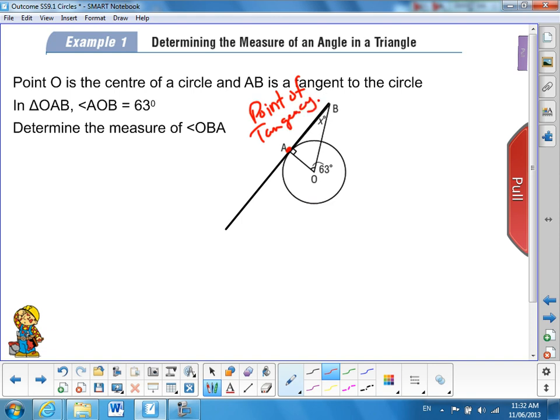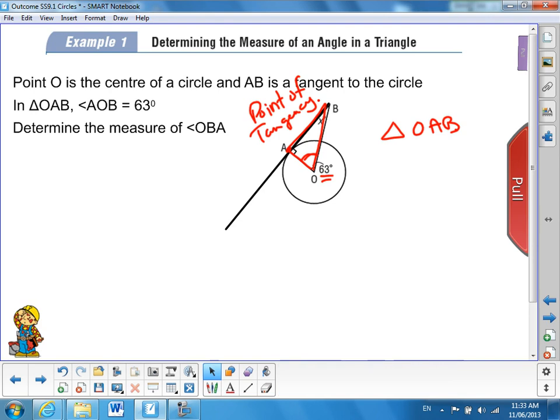Okay? So if triangle OAB, in this triangle OAB, angle AOB right here is 63 degrees. What is the measure of this angle OBA?